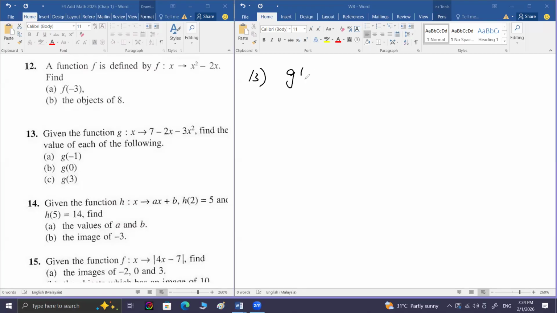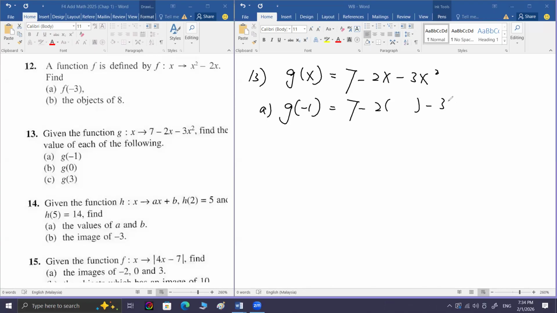The question is g(x) = 7 minus 2x minus 3x squared. I put it in equation form, okay? So class, listen to me. g(-1) means all the x on the right side, you apply -1. But when you calculate, you ignore the left side already. After you apply the -1, you just calculate this with your calculator. Got it? Okay, keep doing until C.